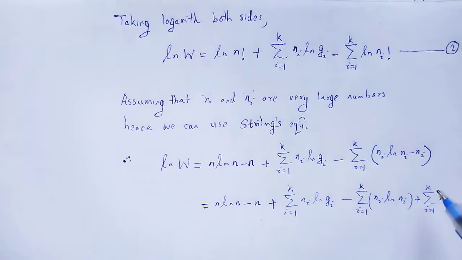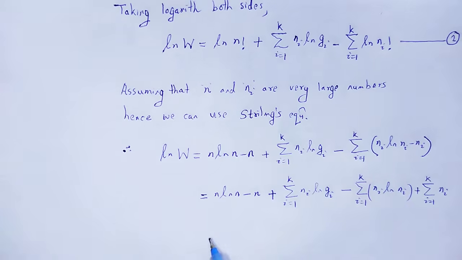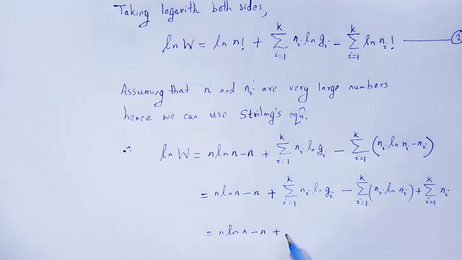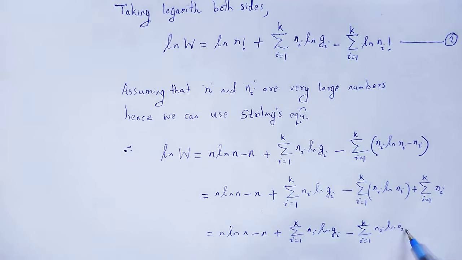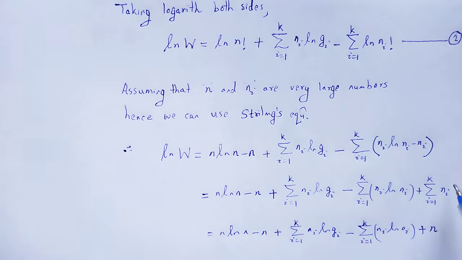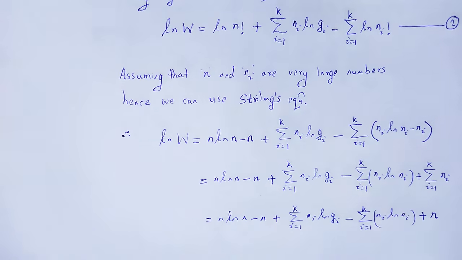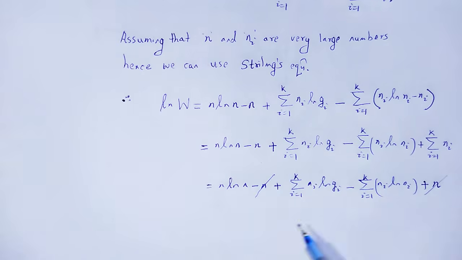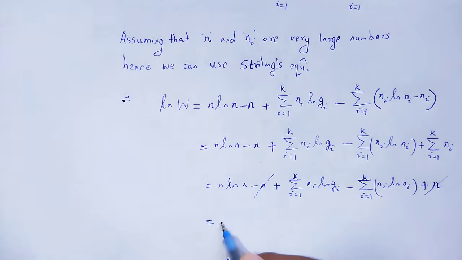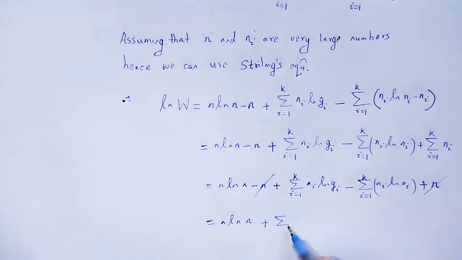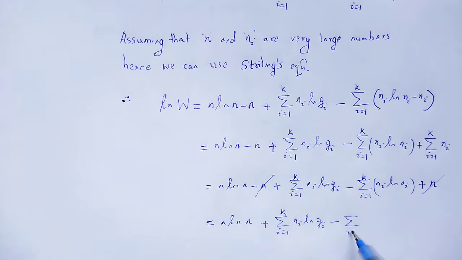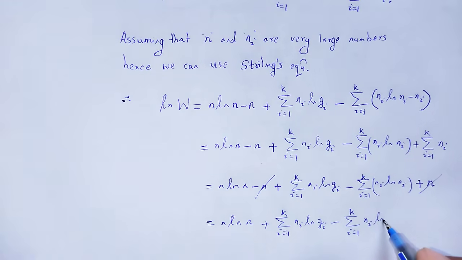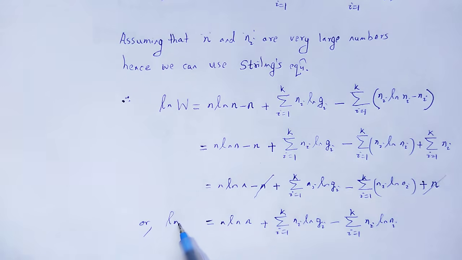Now summation over Ni from i to k is the total number of molecules N, that is N ln N minus N plus summation over i from 1 to k Ni ln Gi minus summation over i from 1 to k Ni ln Ni plus N. Here minus N and plus N cancel out, we obtain N ln N plus summation over i from 1 to k Ni ln Gi minus summation over i from 1 to k Ni ln Ni, which is equal to ln W.